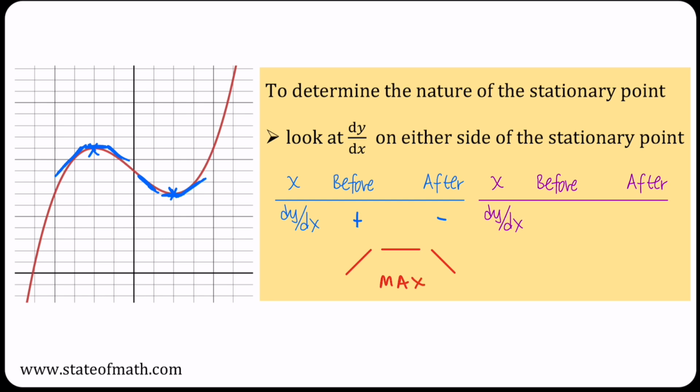On the other hand, it could be going negative, then positive, so it's going downhill, then horizontal, and then uphill, and this corresponds to a minimum point. A big plus for the tabular method is that it will always give you an answer. It will be able to classify any stationary point as being a maximum or a minimum.